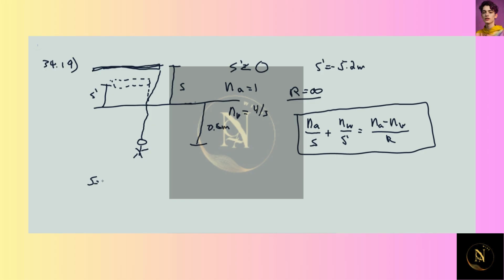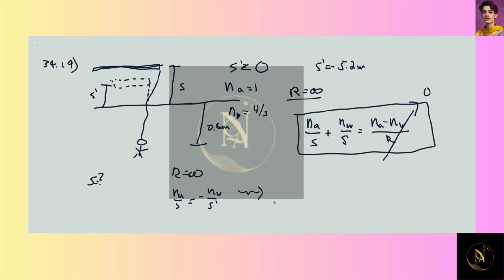We want to figure out what this object distance is, the actual height of the diving board above the water. So first, let's plug in R equals infinity, and we should see that the right side goes to 0, which is good. It simplifies this for us. So now we have n_a over S equals negative n_w over S prime.